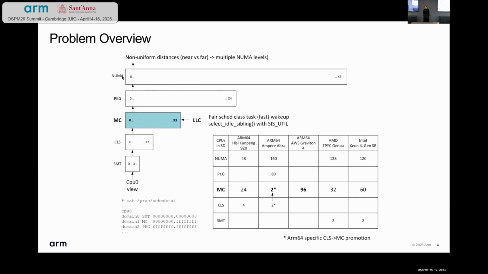And on the highest scheduler domain, you have all the CPUs of your system in the CPU mask. And I already said some of the exotic examples, Ampere 1 with these 2 CPUs on the Snoop control unit getting promoted. You have AWS Graviton 4, which is a Neoverse V2, where we have only one single MC domain with a fairly big number of CPUs, 96. There's nothing else. There's no real hierarchy here.